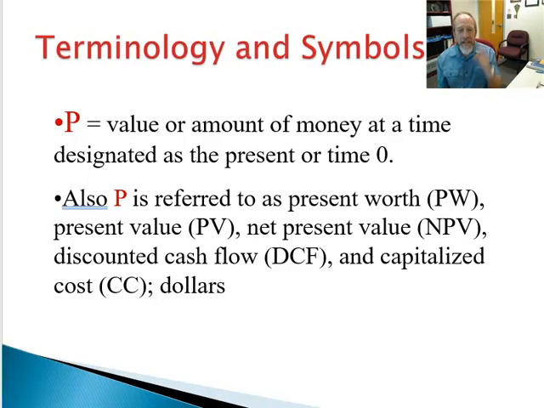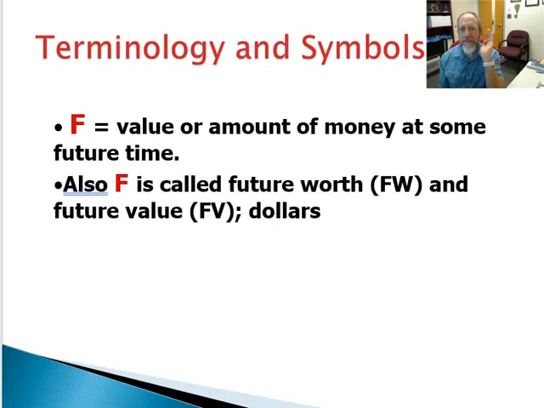That's the fixed point in time we call 0. F is at a fixed point in time after 0, somewhere in the future. We can also call it future worth or future value. That's pretty straightforward.